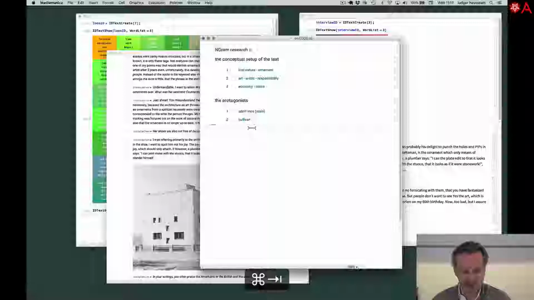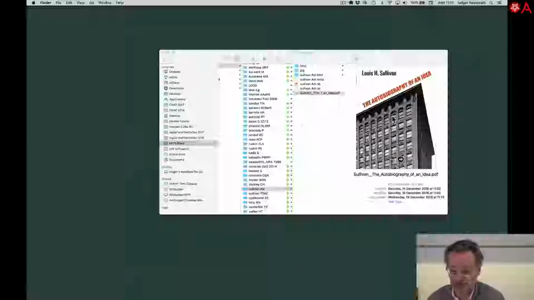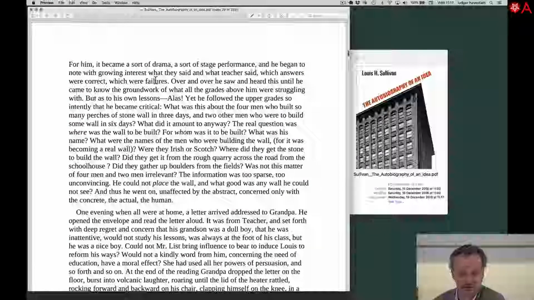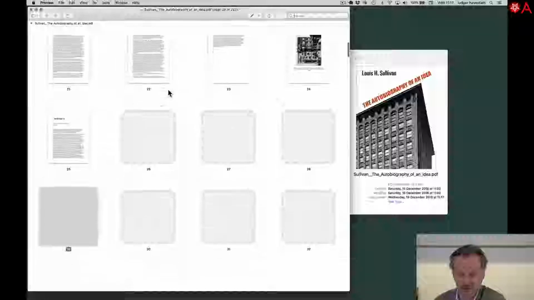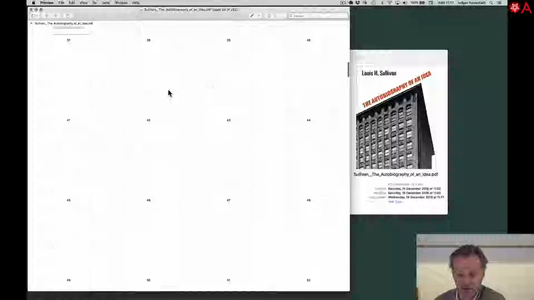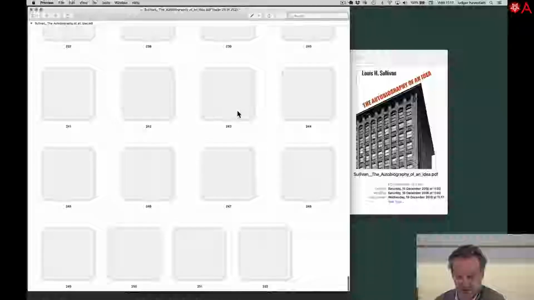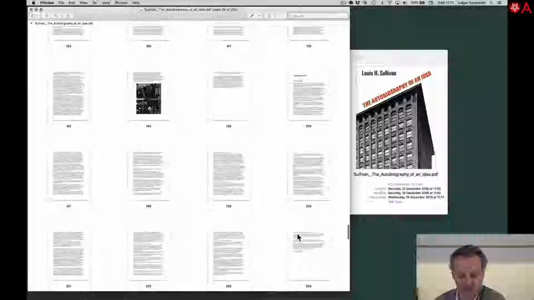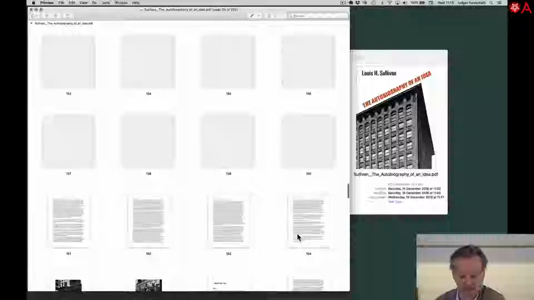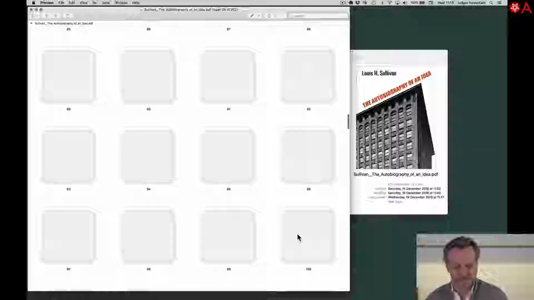I got two books. The Autobiography of an Idea. So it's a solid book, 250 pages, some pictures, so not too heavy, but a book.